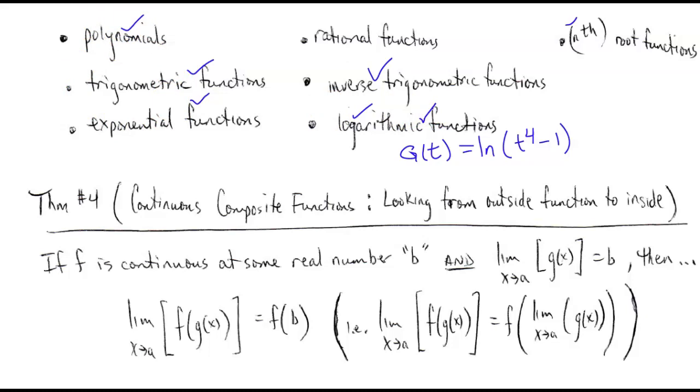We're not going to use theorem number 4 or 5 to prove that, but we know from theorem number 3 that since this is natural log of something, as long as we can find the domain of this function, we'll know all the values of t where it is continuous. So we need to figure out for what values of t this function is continuous. To answer that, we have to find the domain of this function.